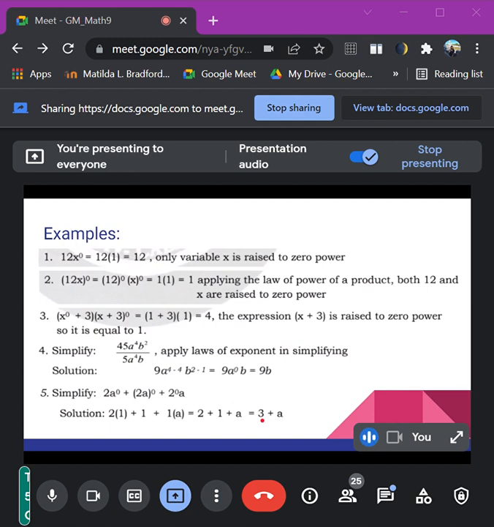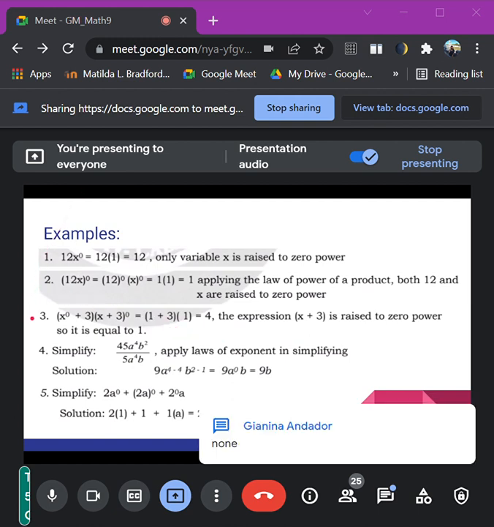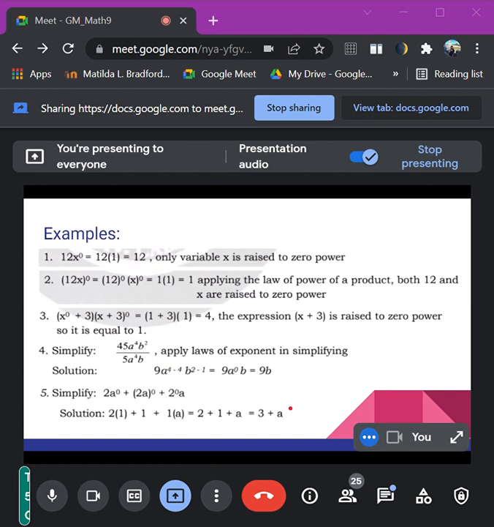Remember, you cannot combine constant and variable if the operation is addition. Unless it is multiplication, then you can combine them. Questions for the fifth example? Take note of what I said, that you cannot combine the constant and variable if it is addition.